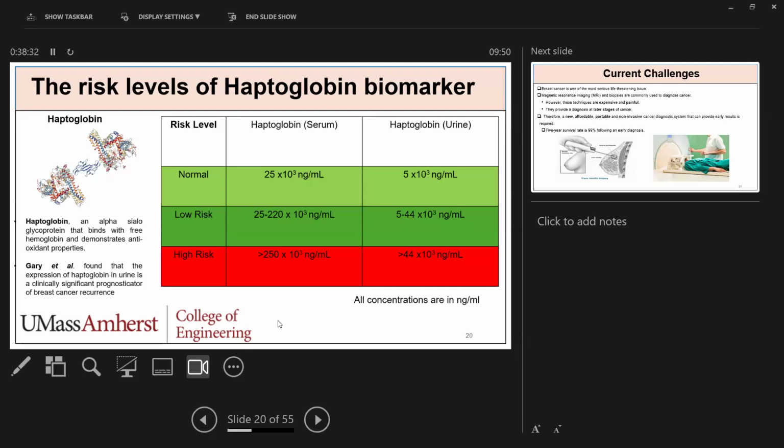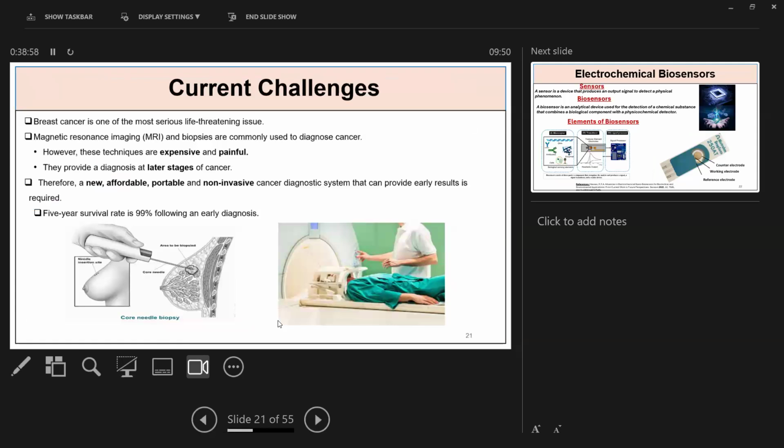Once this level slightly increases, there is a low risk, associated with stage 0, 1 or 2. And if it exceeds 250, it is high risk. So we need to know what the levels of this biomarker are at normal, low risk and high risk.